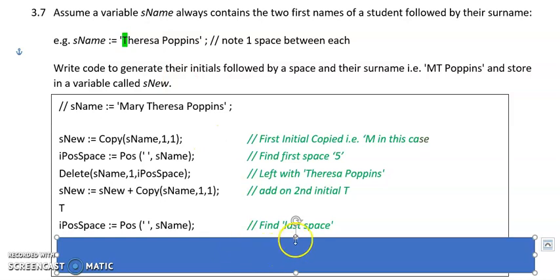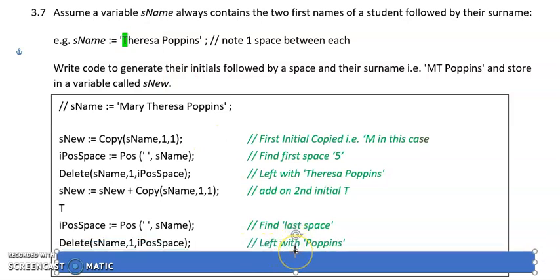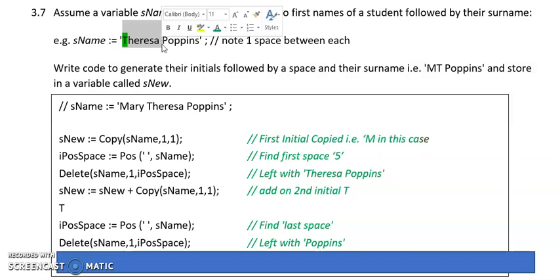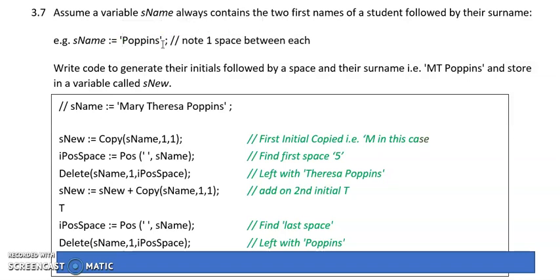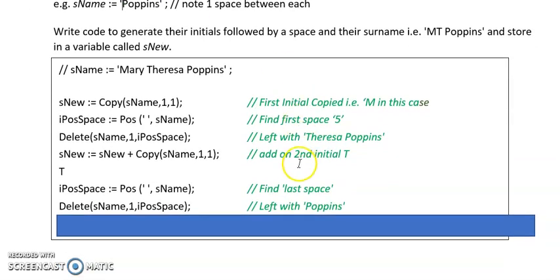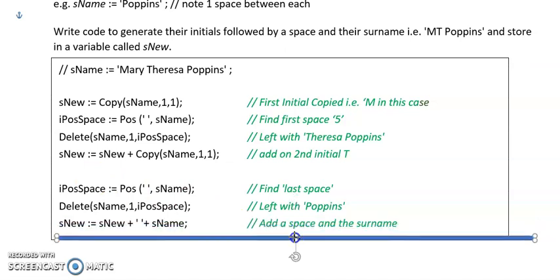Let's just delete everything that's there, so I'll delete 8 characters. That's all of Teresa plus the space. Now I'm just left with Poppins, which I am interested in. And I can just add it on to the new string.